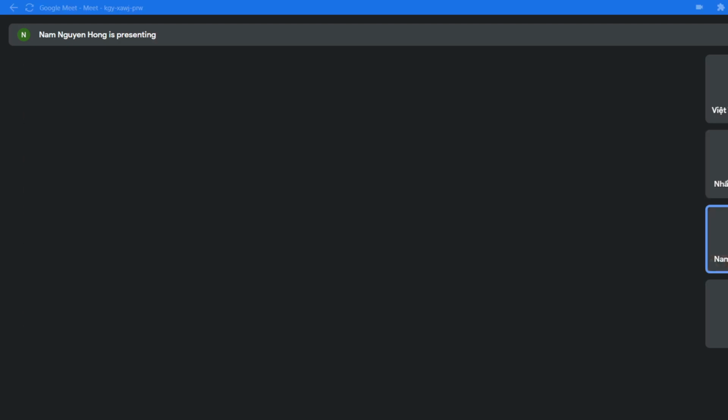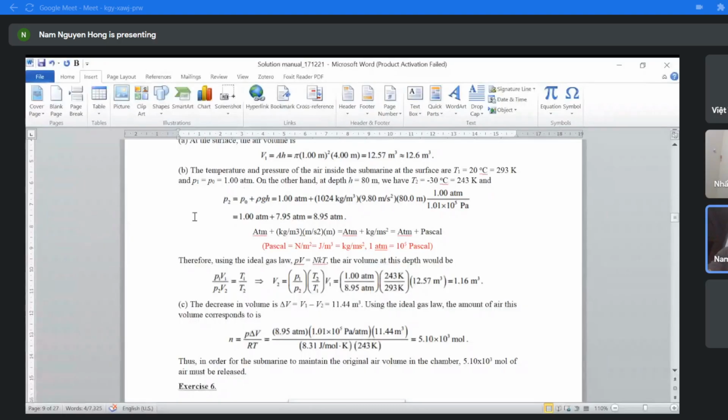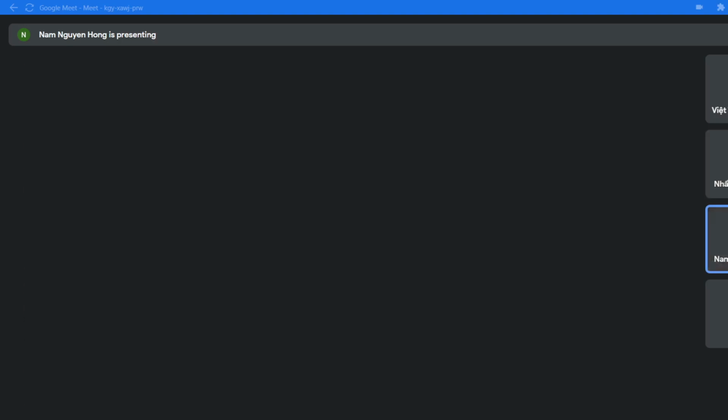This is a typical exercise that shows you if you forget the units, you will make big trouble. Here, I have the density measured in kilogram per cubic meter.